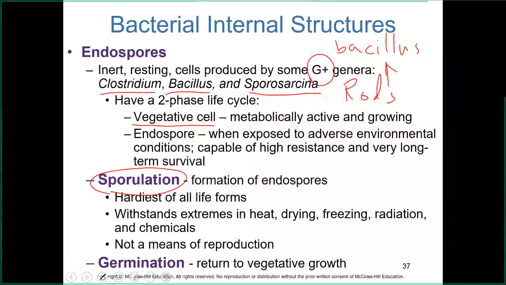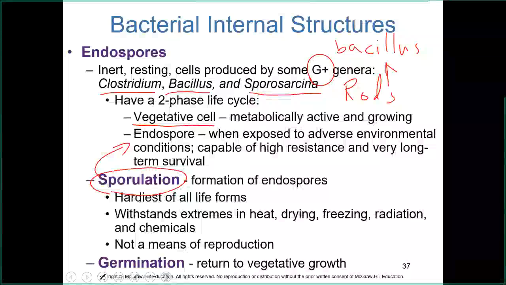You can have other challenges like temperature changes and changes in the pH of the surroundings, and changes in oxygen levels may affect some organisms. Anytime, for whatever reason, conditions get tough, when there's challenges, sporulation is typically what's going to happen. And so you wind up with endospores as a result, all right?